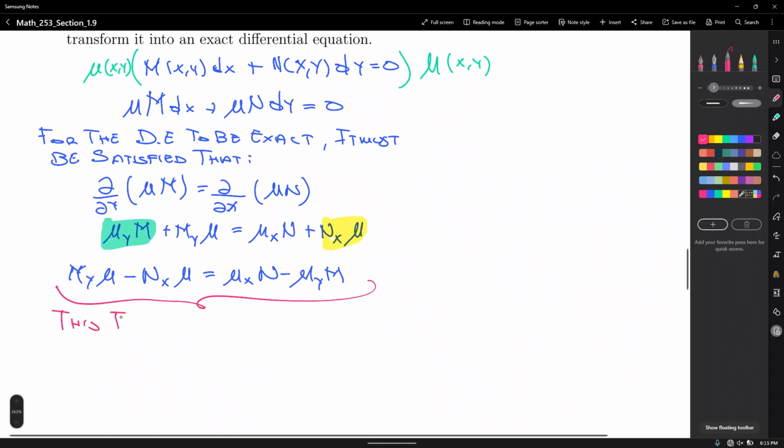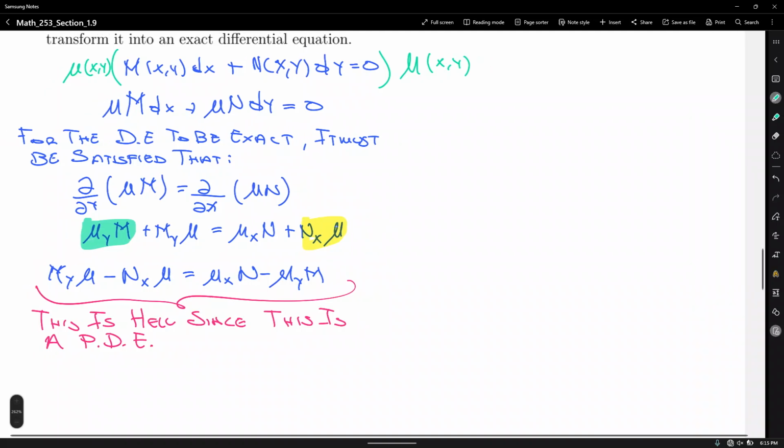So, this is hell, since this is a PDE, a partial differential equation, right? However, we're going to look at a trick here, all right? So, here's a trick. Let me write it down.